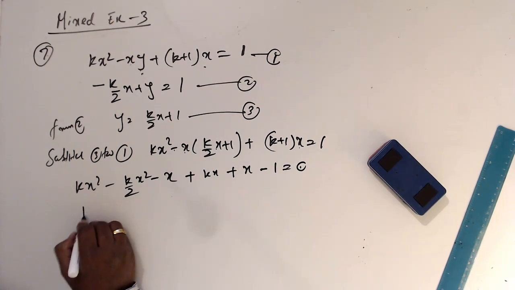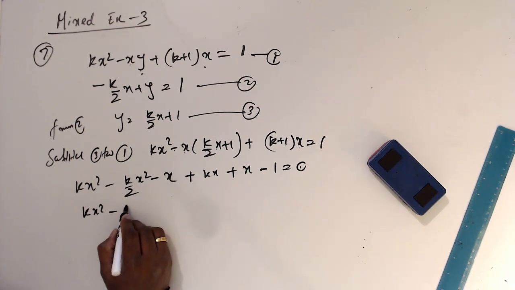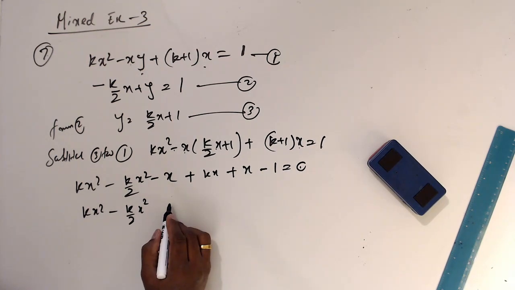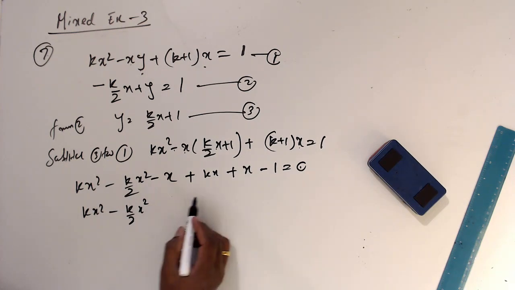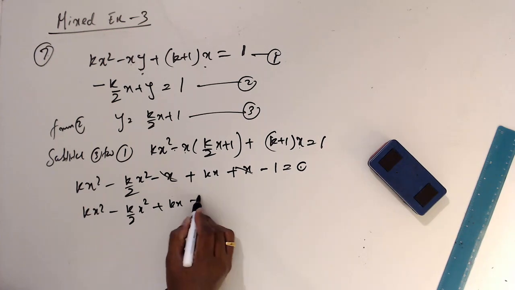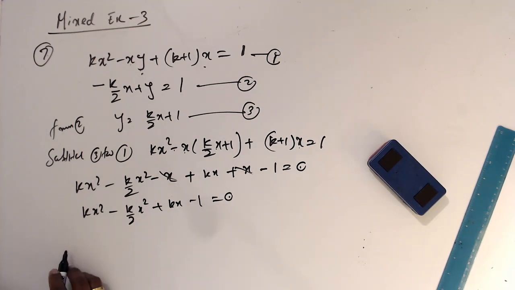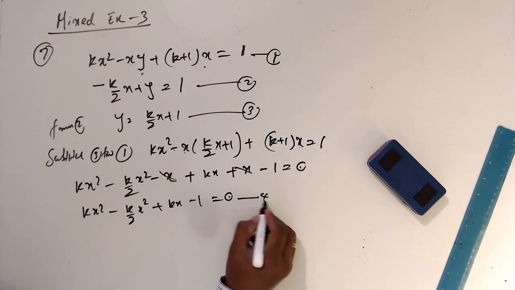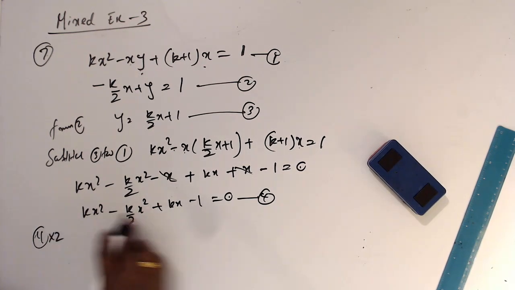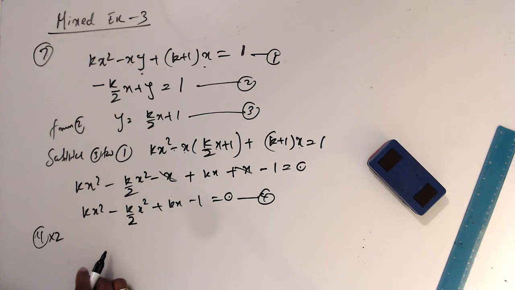Minus x plus x cancel out, so kx² minus k over 2 x² plus kx minus 1 equals 0. I multiply everything by 2 because I can take this 2 out.